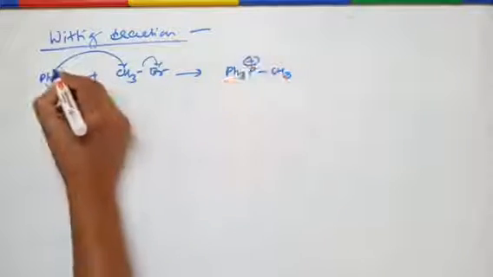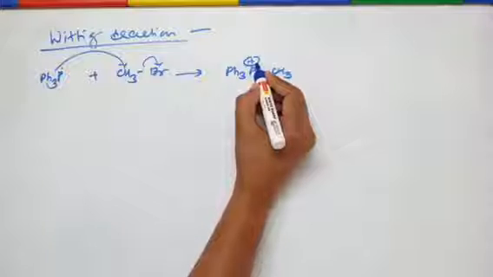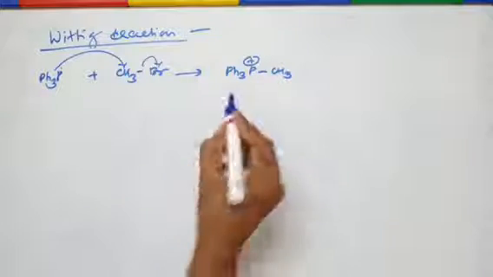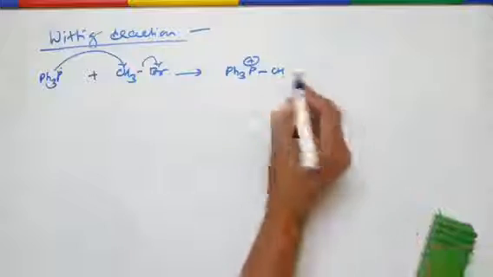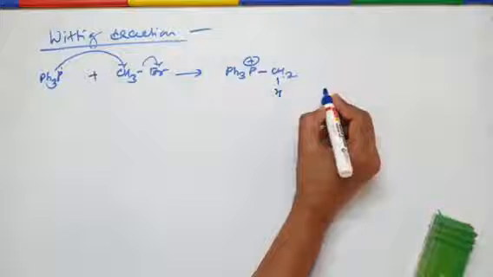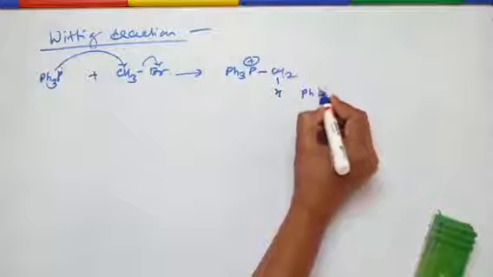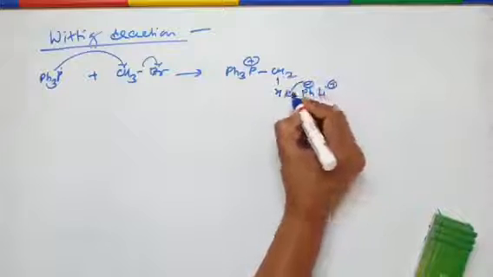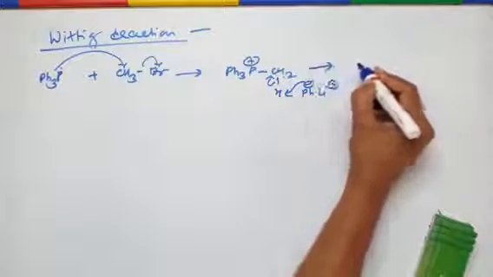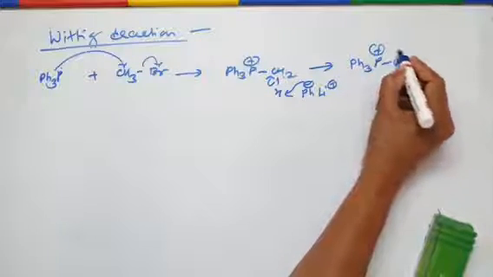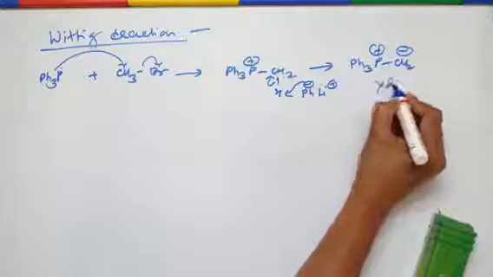Phosphorus, as it donates a lone pair of electrons, develops a positive charge, and then this hydrogen atom gets removed by a base like PhLi. So here it is Ph minus and Li plus, it abstracts this proton and a carbanion is generated here, CH2 minus. This is called the ylide.